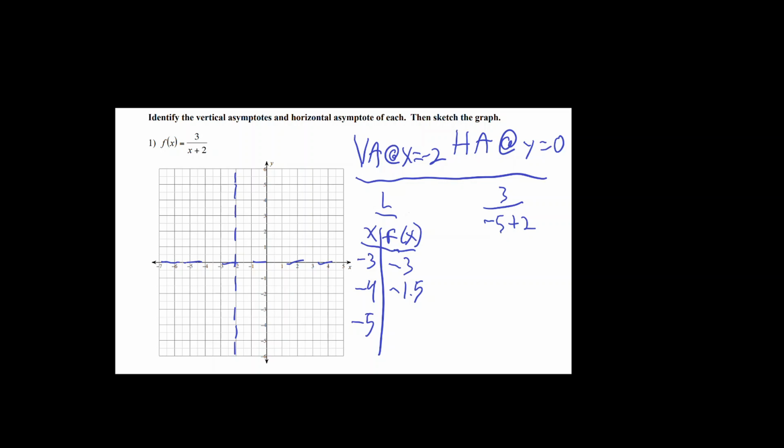So, -5 plus 2, we end up with 3 over -3, which just becomes -1. So, our values are, when x is -3, f of x is -3. When x is -4, f of x is -1.5. When x is -5, f of x is -1.